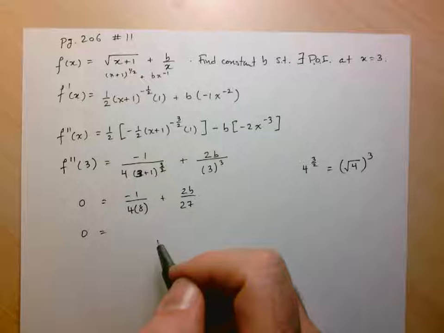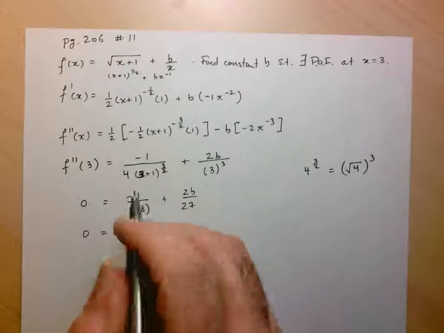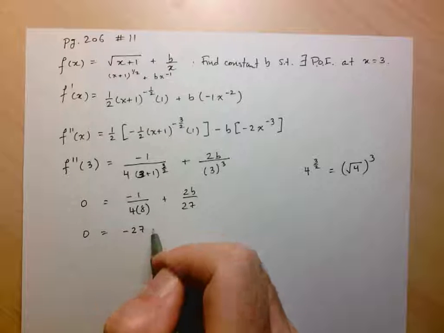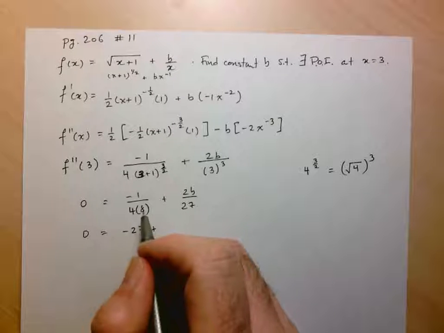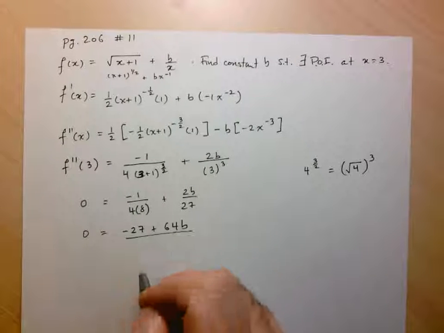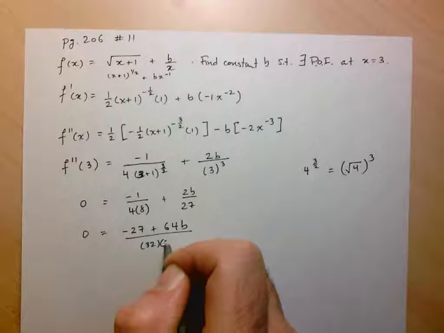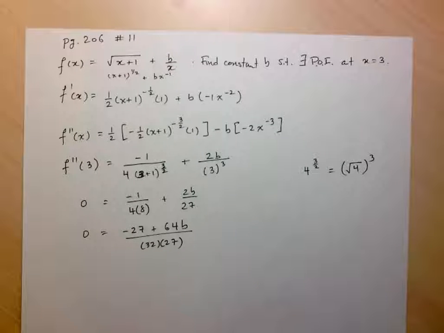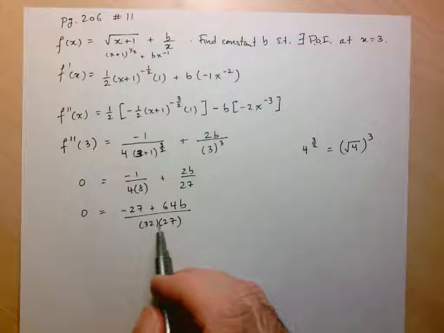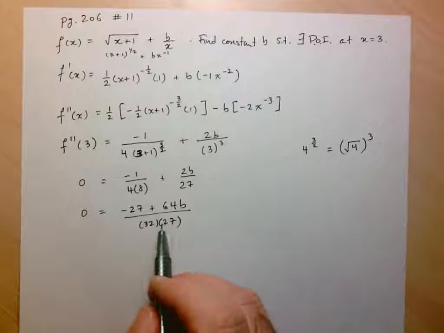So here let's add these two fractions. So here that becomes negative 27 plus 32 times 2 is 64b, all over whatever this is, 32 times 27. I don't care what it actually is, because I need to solve this fraction for when it's equal to 0, and the denominator doesn't come into play.